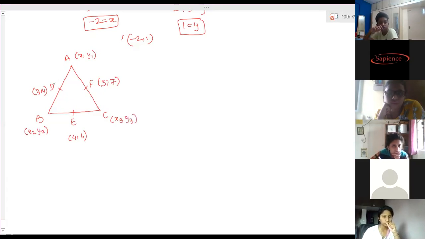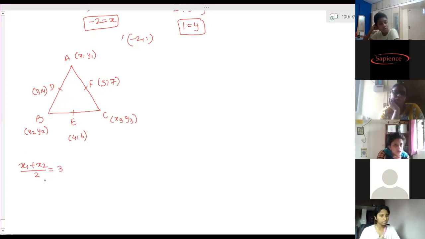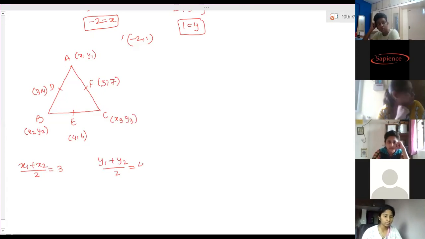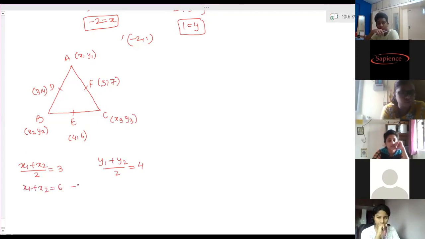Now D is the midpoint of AB. This means (x1 + x2)/2 is equal to the x coordinate of D, and (y1 + y2)/2 is equal to the y coordinate of D. Now x1 + x2 is equal to 6, and y1 + y2 is equal to 8.